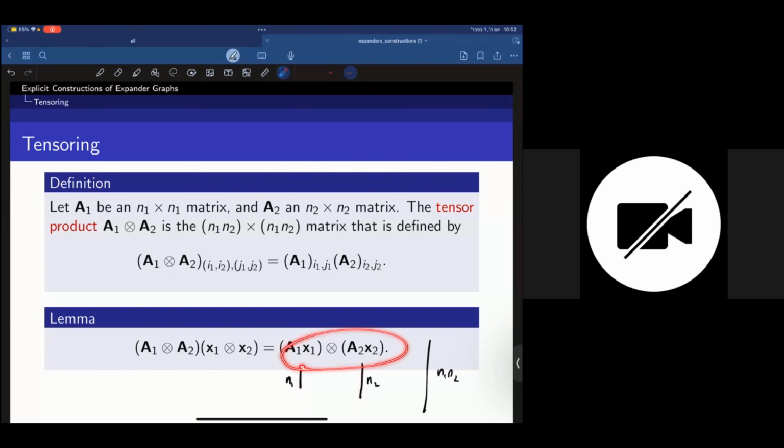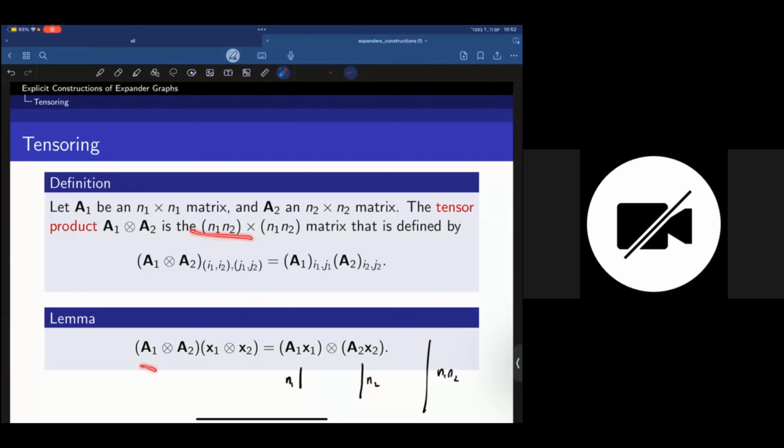And I agree that the product of these two, and that's kind of a residue of the fact that you initially thought of it as matrices. You can think of it as a matrix, but this is really an n1 times n2 vector, because of the product of two vectors. That's fine. And here you see you have this n1 times n2 matrix, and you multiply by a vector of length n1 times n2. So your output is something which is a vector in n1.